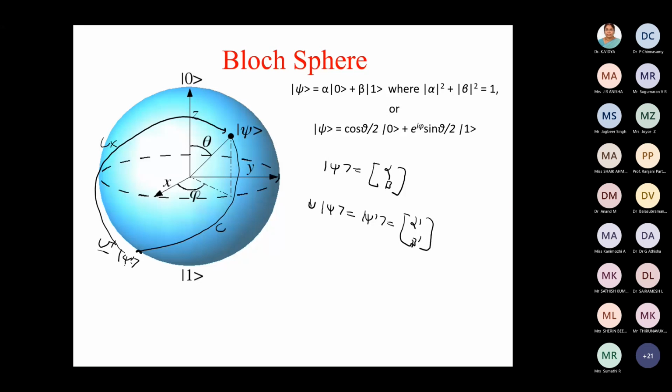So at a high level, a quantum gate in case of a single qubit is just the moving of this qubit state on this Bloch sphere. That we will visualize also. But for the time being, can anyone repeat this? A single qubit operation is nothing but movement of this state psi from one place to another on the Bloch sphere. And for every U, there will be this U dagger, which will bring it back to the original state. Is this okay?